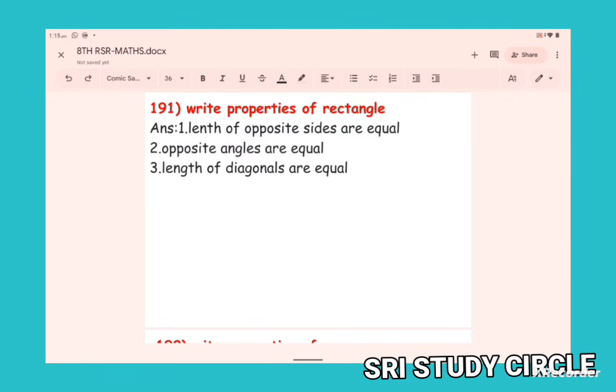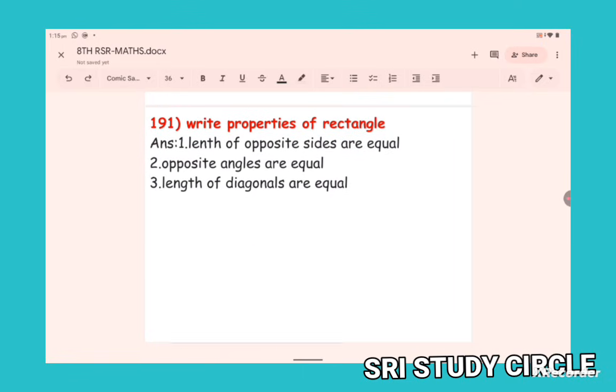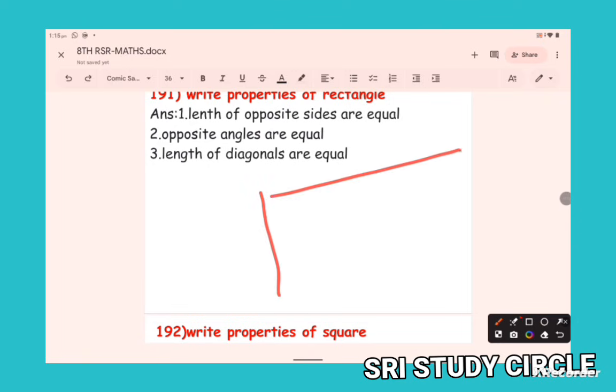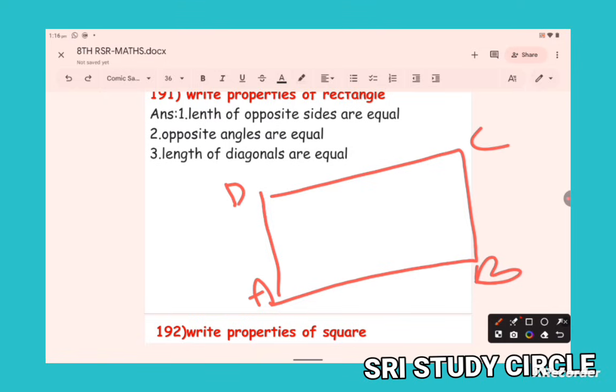Write the properties of a rectangle. How many properties do we have here? This is a rectangle ABCD. Opposite angles are equal, and each angle is 90 degrees. The lengths of the opposite sides are equal.